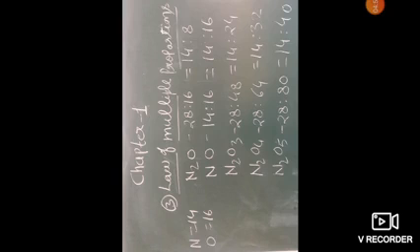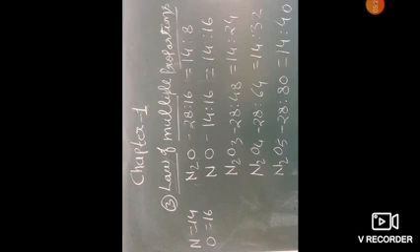How do we get it? In N2O4, nitrogen is 14 into 2 and oxygen is 16 into 4, which is 64. Now on the right hand side it is 14:32, and again 28:80, which gives 14:40. What does it mean?